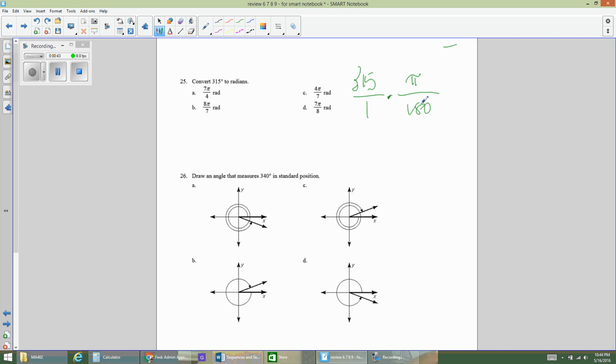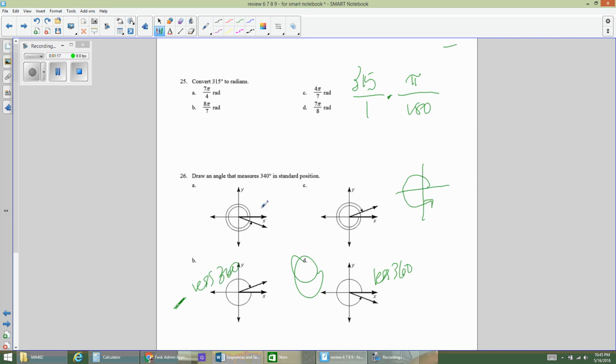Alright, let's see here. Draw an angle that measures 340 in standard position. Okay, 340 goes clockwise, so make sure you start up and go that way. So it's answer D. See, this answer is less than 360. This answer is negative, but it's also less than 360.